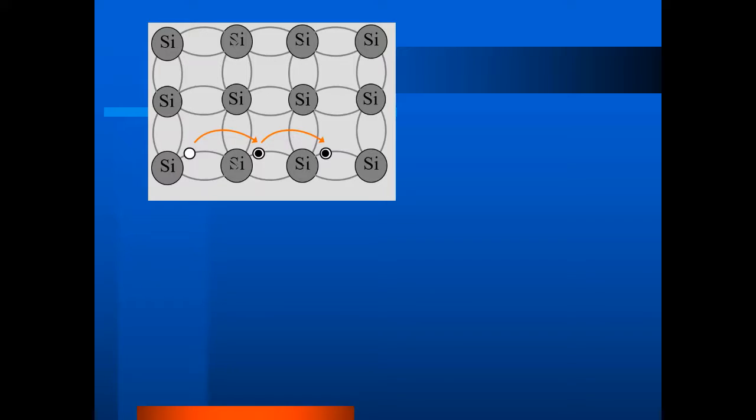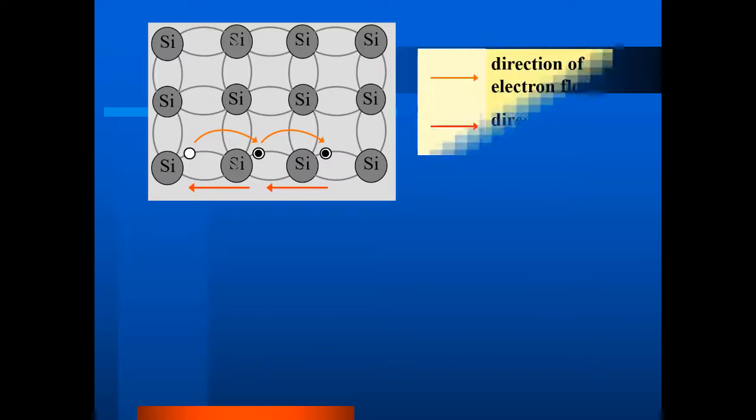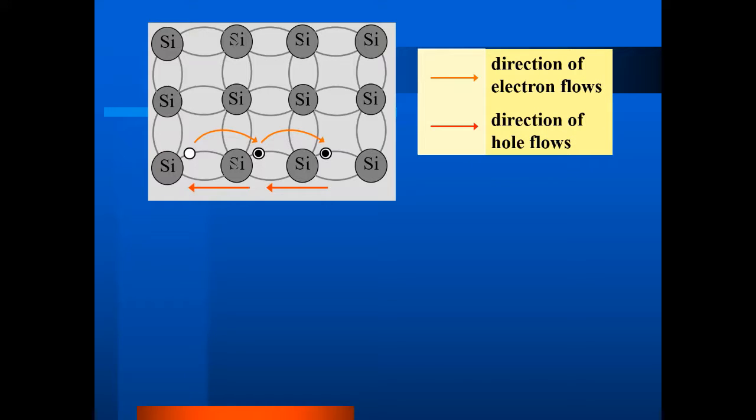So now the electron is moving, and the hole also looks like it is moving. The direction of electron flow is always opposite to the direction of hole flow. Actually the hole is not moving, only the electron is moving, but it looks like the hole is also moving.